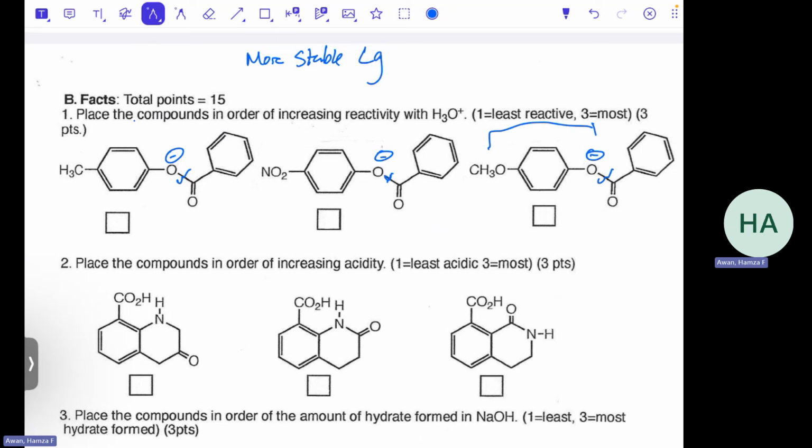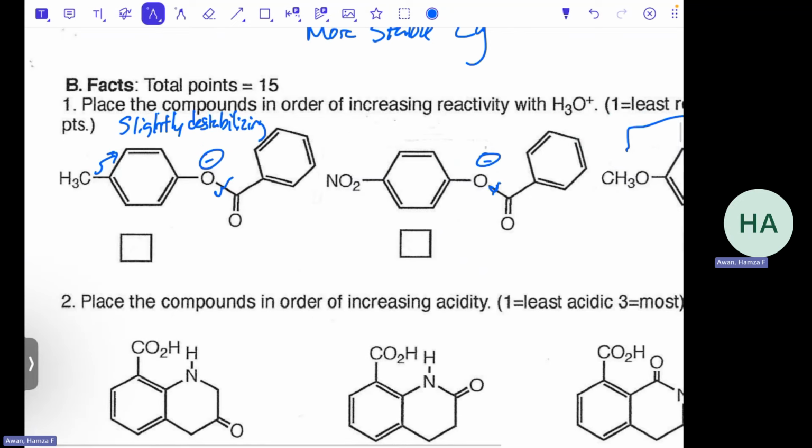It's going to very weakly move electron density towards the benzene ring, so it's slightly destabilizing the negative charge. The more stable it is, the more this charge is going to be pulled toward the ring. So we want a group that's going to pull the charge rather than push it back into the ring, right?